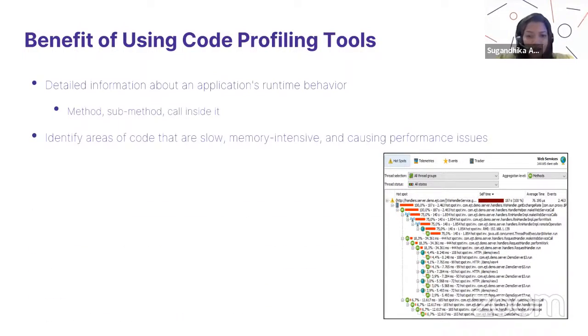So these tools are capable of pinpointing up to the specific line of code causing performance deviation. We call this behavior a hotspot. They are highlighting hotspots of your code.